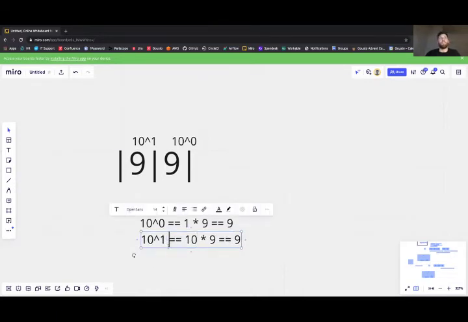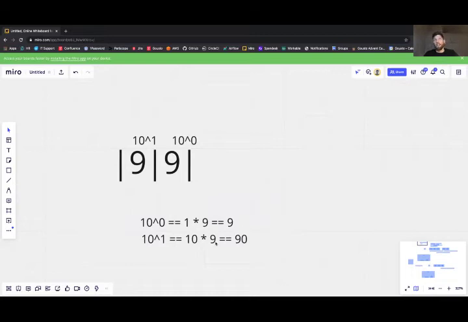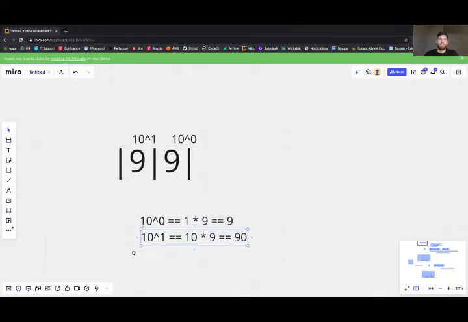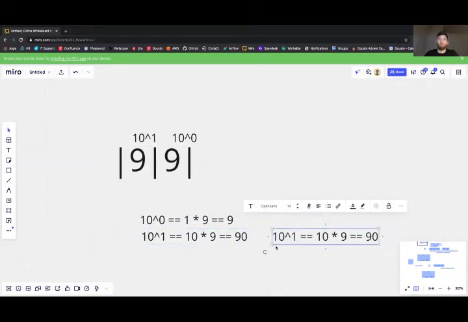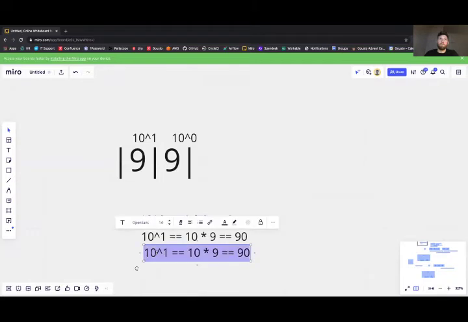And 10 times 9 equals 90. So the total represented by the numerals 99 in a base 10 number system is 9 plus 90, which is, of course, bear with me, 99. Cool.